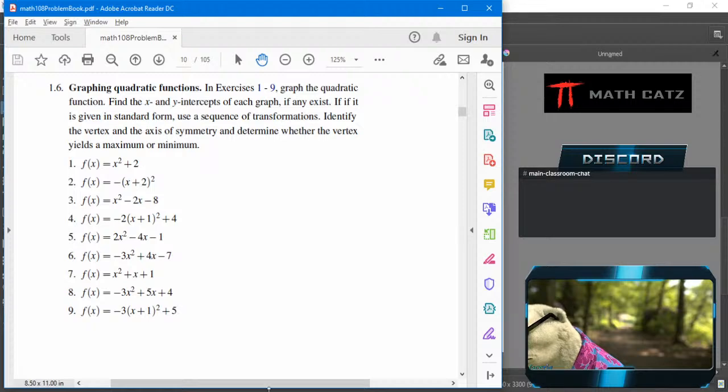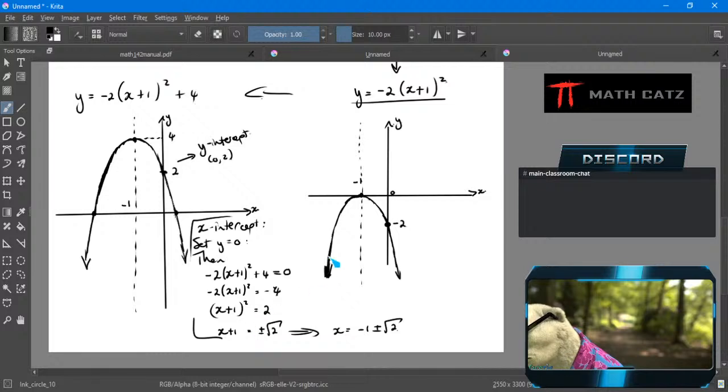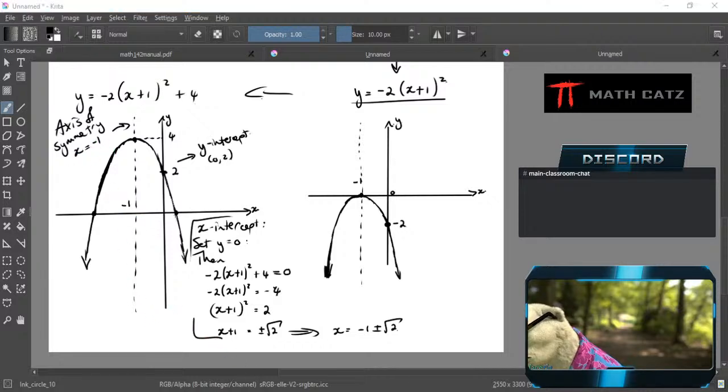What else do they ask me? Vertex, axis of symmetry. Sure, let's indicate here. Let's do it over there. I'm running out of space. I didn't plan this very well. Axis of symmetry is a line. It's a straight line. It's sitting at -1. It's the vertical line x equal to -1.